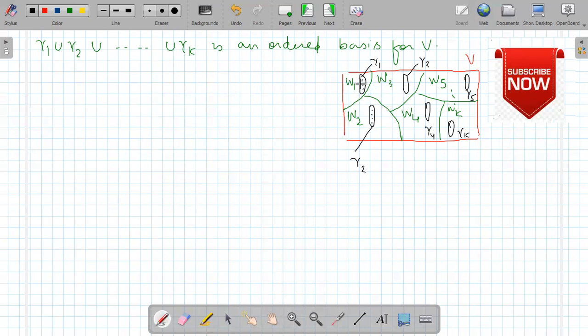So these are some vectors in the subspaces W1, W2, W3, W4, W5, Wk. They make the set which is called gamma 1, and this is called an ordered basis for W1. Means these are the vectors which span W1, their linear combinations generate W1, and they are linearly independent. So the theorem says that if we take the union of these vectors, then this makes the ordered basis for the vector space V.